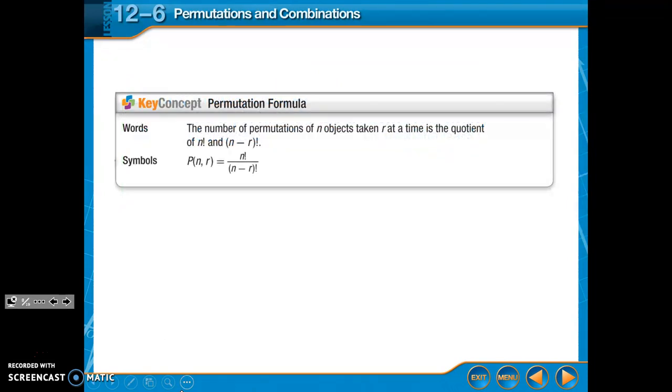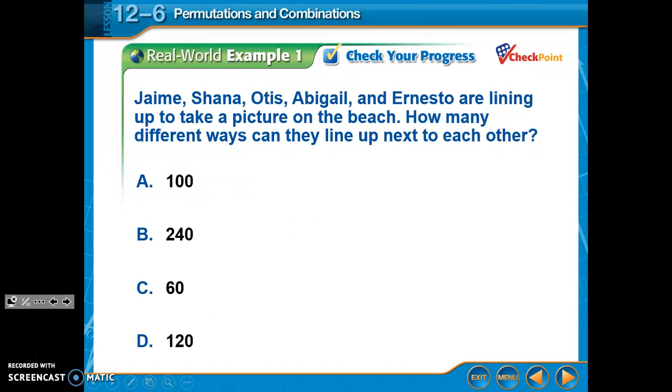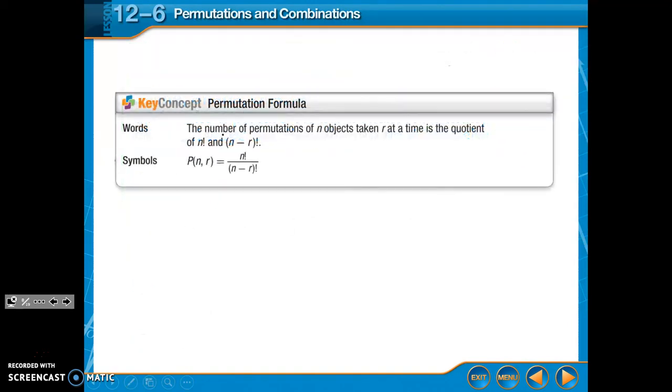Okay, now what happens if you're choosing from more numbers than what you're going to use? In this case, when we did this one here, we only had 4 numbers to choose from for our 4-digit code. But let's say I had numbers between 0 and 9, and I only wanted to choose 4 of them, right? In that case, we're going to use a formula like this, where r is how many numbers we're going to choose, how many chosen, and n is how many available.